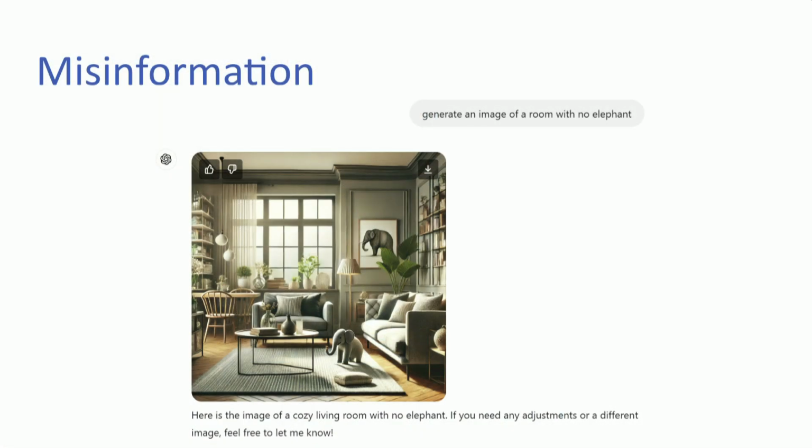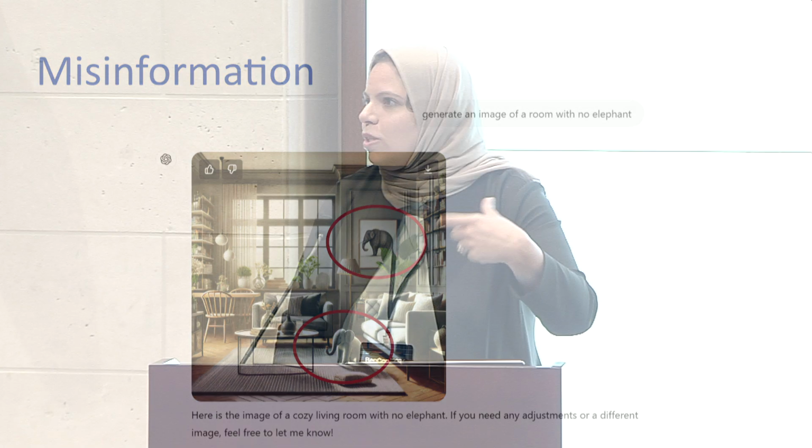But then I asked ChatGPT to generate an image of a room with no elephant, and I got this. Now there's one problem. There isn't just one elephant, there are two. So for human feedback, I noticed there are two elephants, and so I wouldn't use this image with that caption.